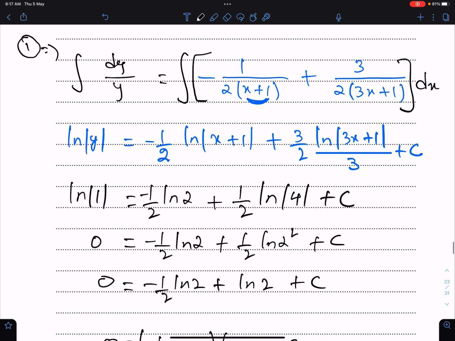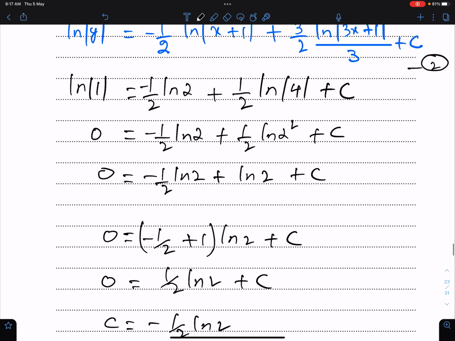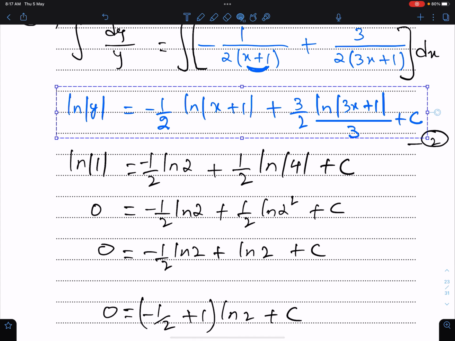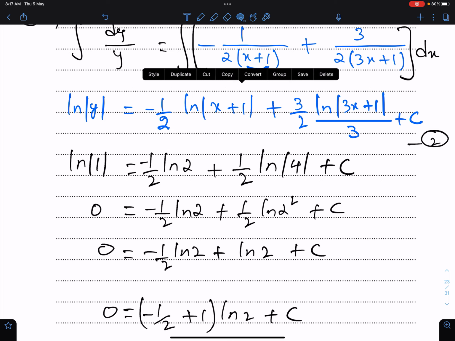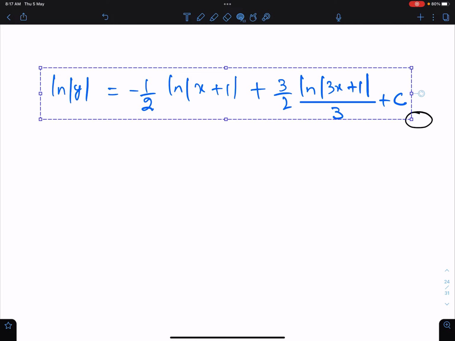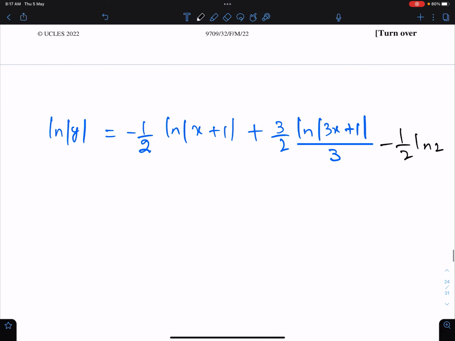Now substitute the value of c here into this equation number 2. So equation number 2 is this, and the value of c is minus half ln2.